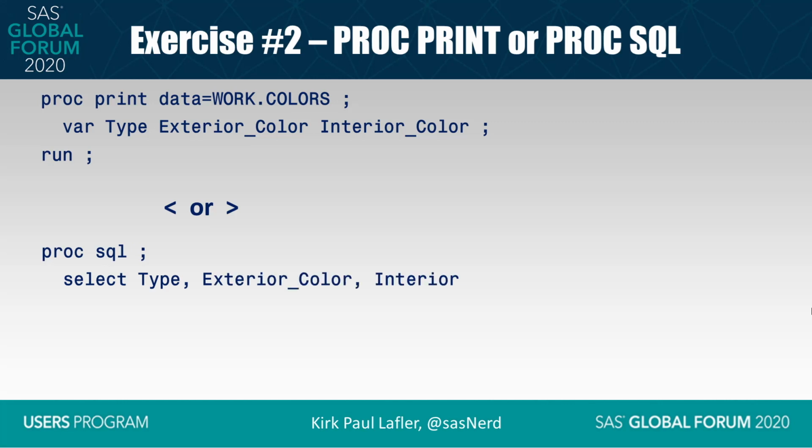Here I'm showing PROC print using the bar statement, or PROC SQL using the select statement and the from clause. Choose whichever one you're familiar with or prefer to use, and then when you're done, go ahead and submit and run that code in order to verify and view the contents of the work.colors dataset.